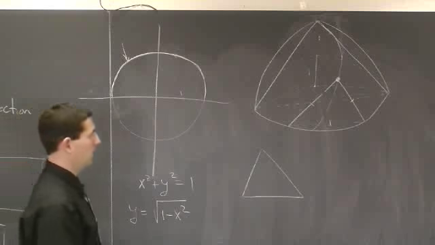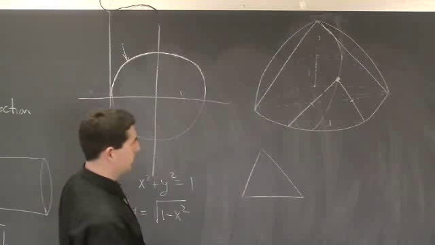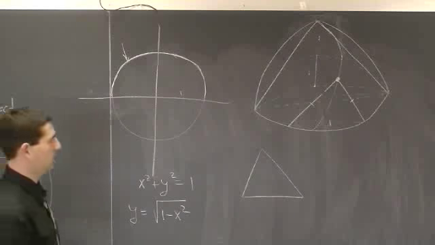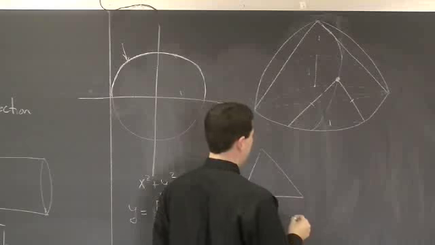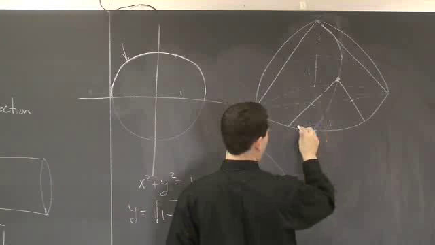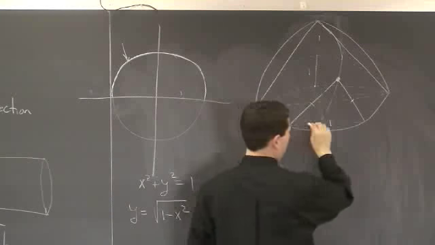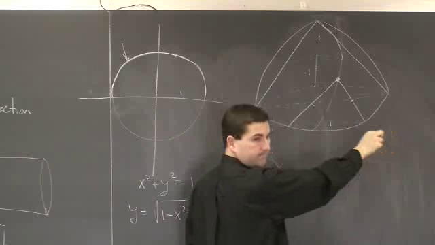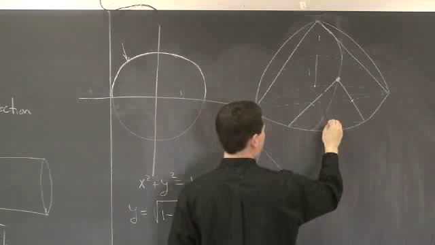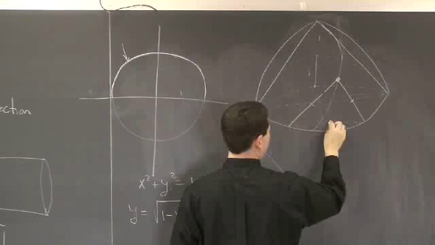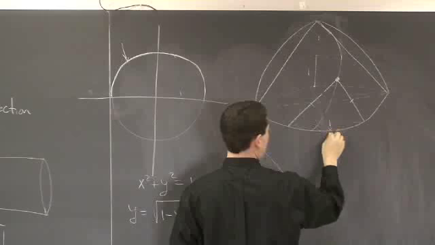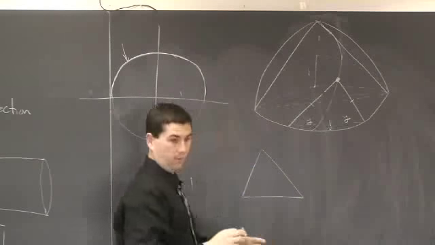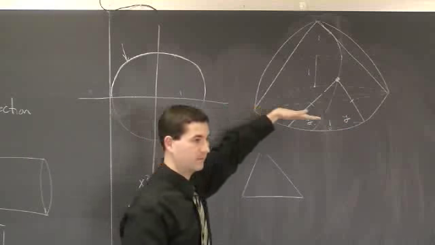Now, what I can do is just arrange things so that this direction, say, is measuring the y coordinate. So if that's 0, then this distance is y and that distance is y, for whatever the y coordinate is.